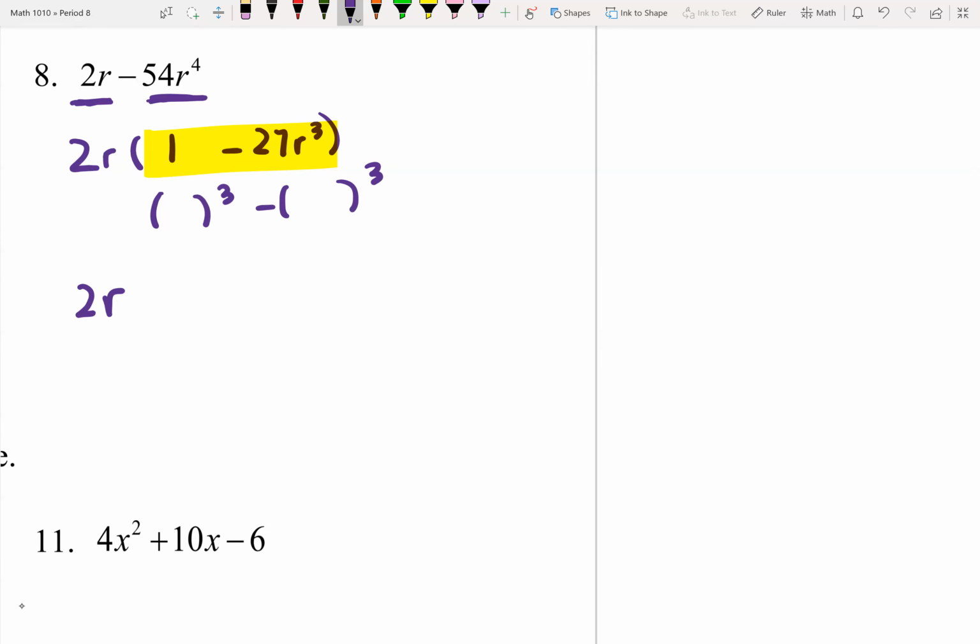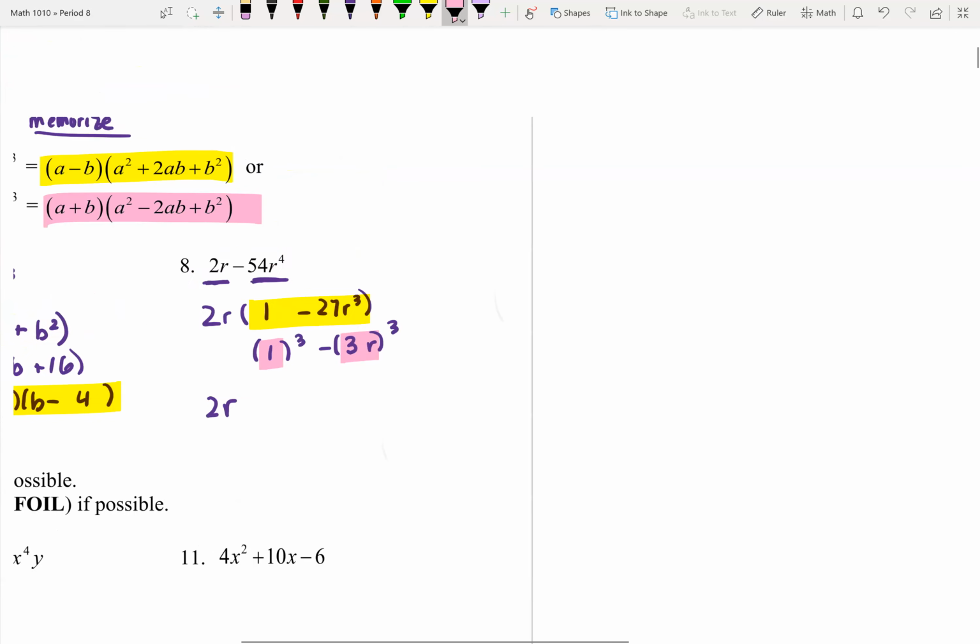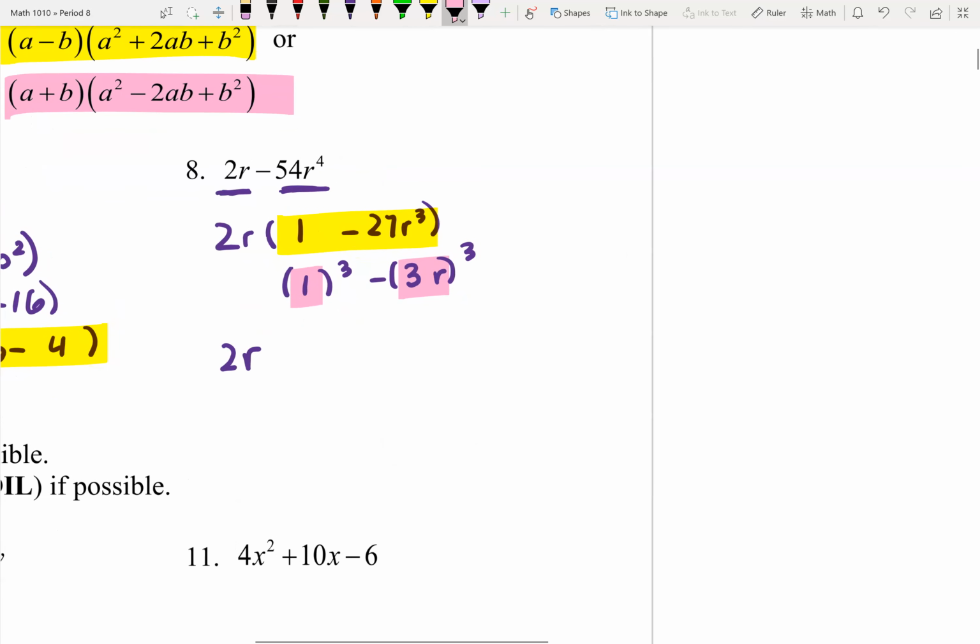Is this step that I'm writing right now really something that you would have to do when you do the problem? No. If you don't need to, you don't need to. What to the third gives me 1? What to the third gives me 27? A 3. What goes with it, everybody? An R. So look, here's my A, here's my B. I've got a minus in front. So I'm looking at that pink rule right here, okay?